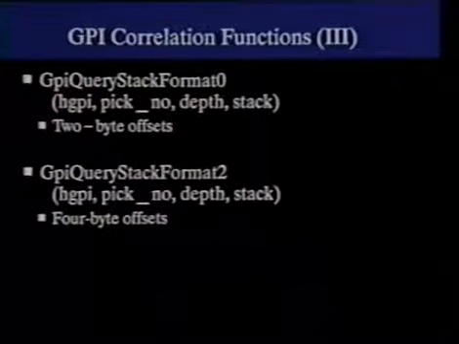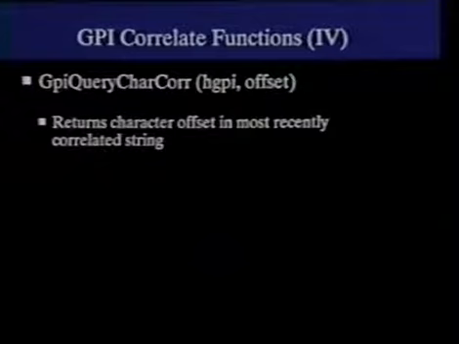GPI will correlate an input value with any of the final output coordinate values in the system as a result of running the chain. It turns out that you can ask for these data in either 2-byte or 4-byte formats. And finally, if the thing that was struck was a text string, you can find out which character in the text string was hit.